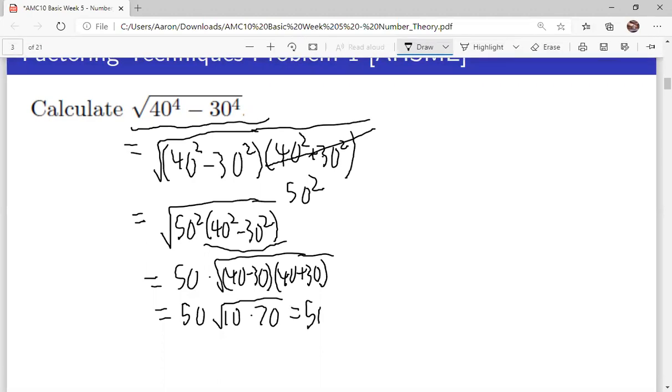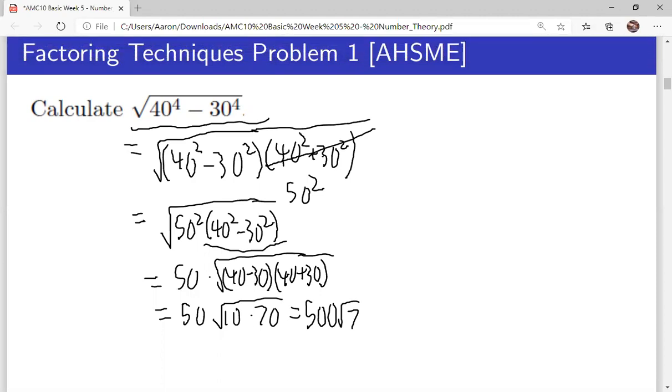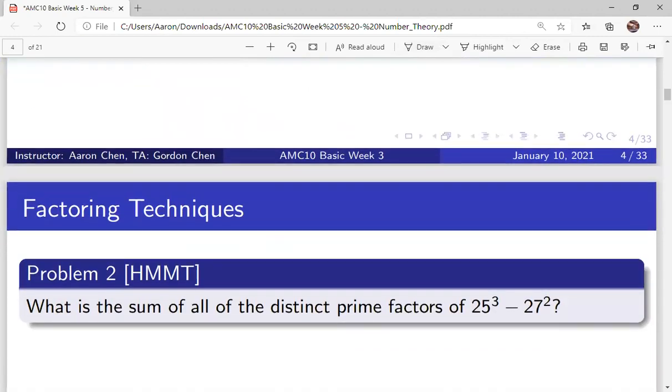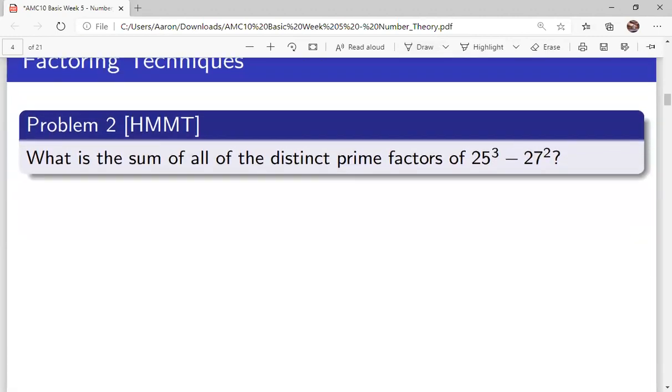And this is simply equal to 500 root 7. So does anyone have any questions? All right. If not, let's move on to the next question.